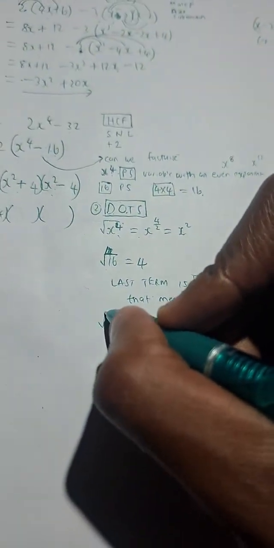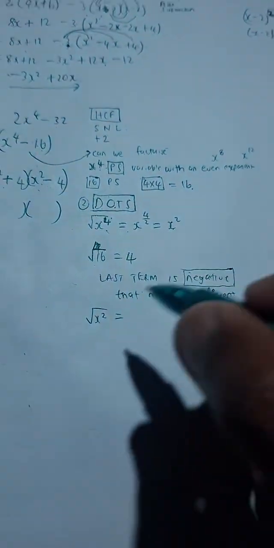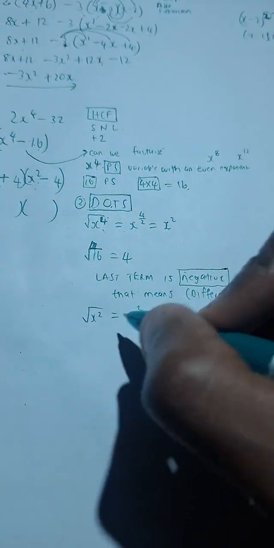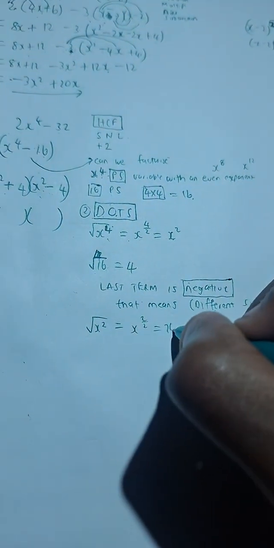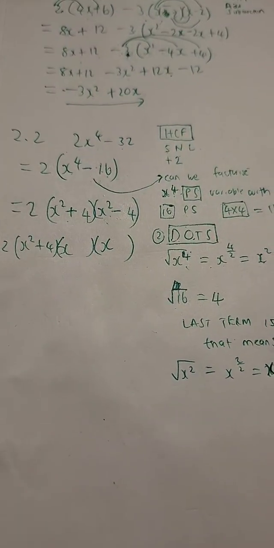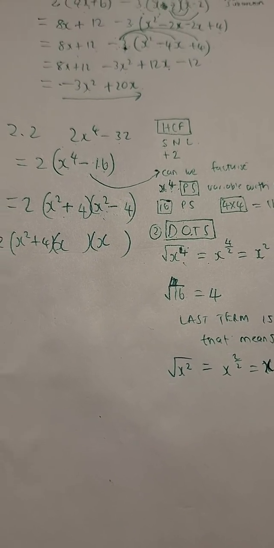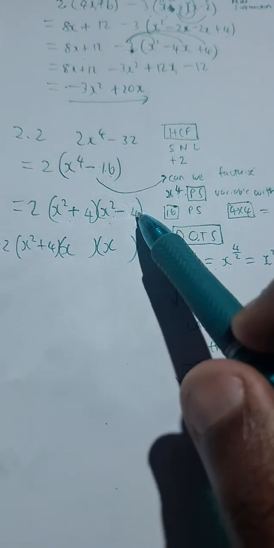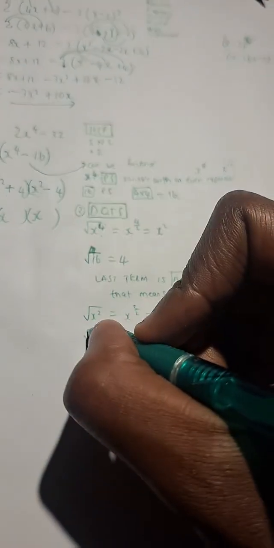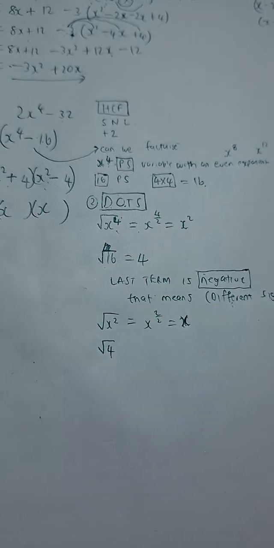So what is the square root of x squared? The square root of x squared, when we remove the square root, it becomes x. So we are going to place x and x. Then what is the square root of 4?